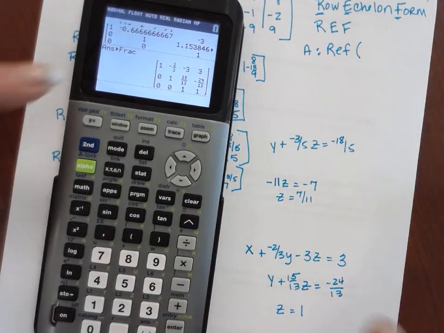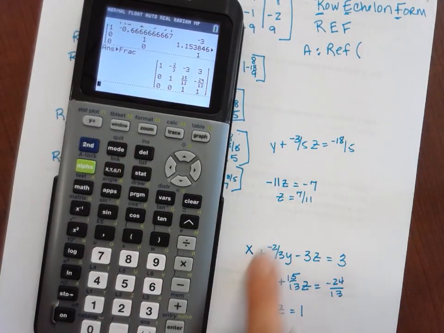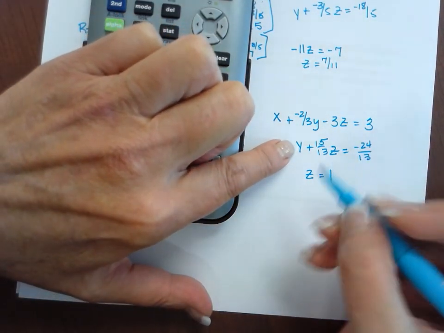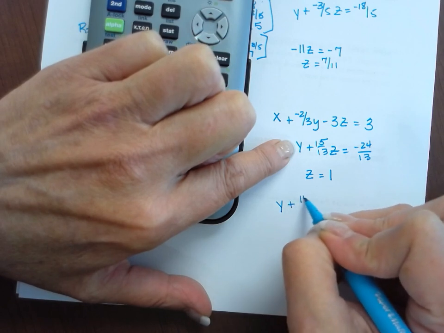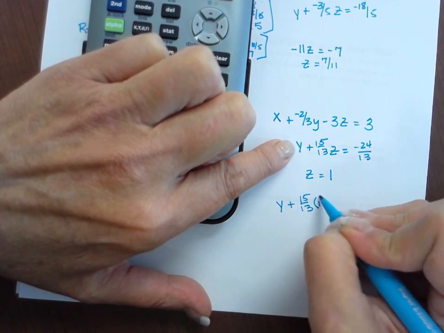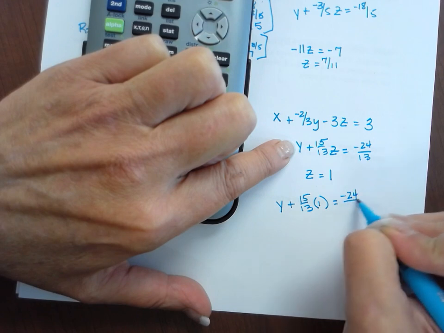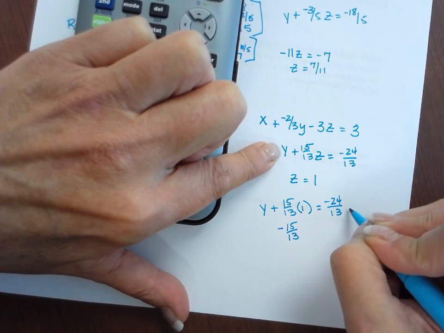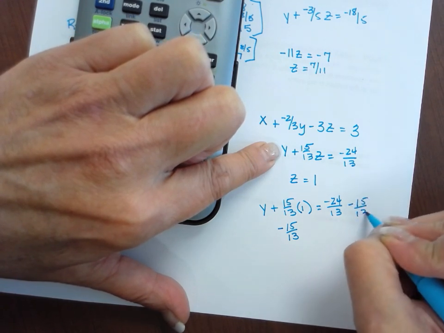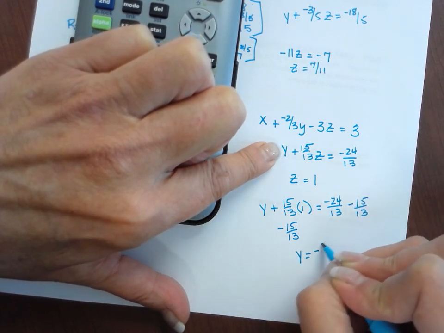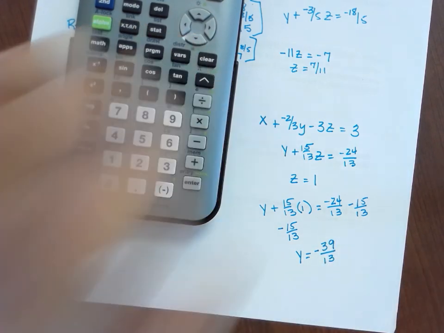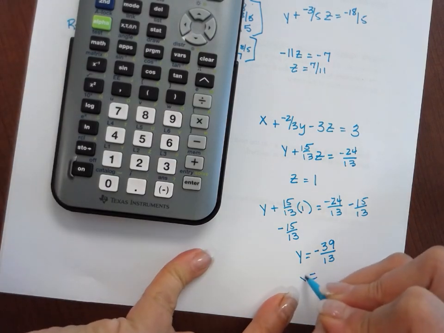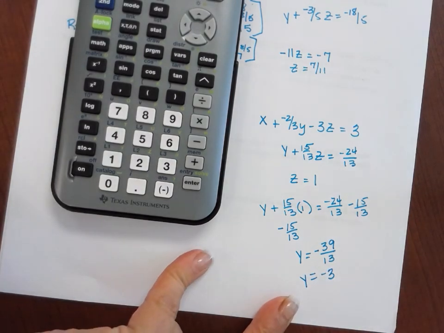So now I can take these answers here and back into my equation. So if z is 1, that means y plus 15/13 is equal to negative 24/13. So if I subtract 15/13, then y is equal to negative 39/13. What's 39/13? Y is equal to negative 3.